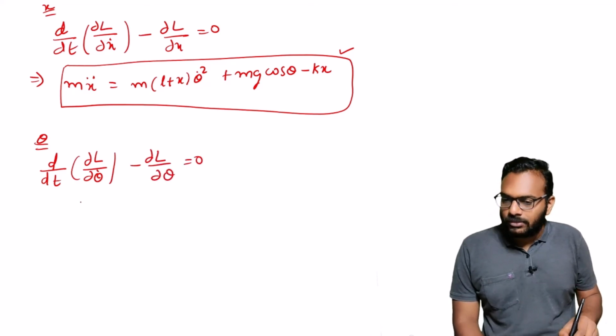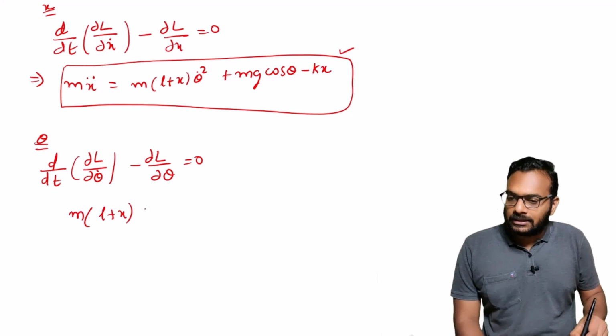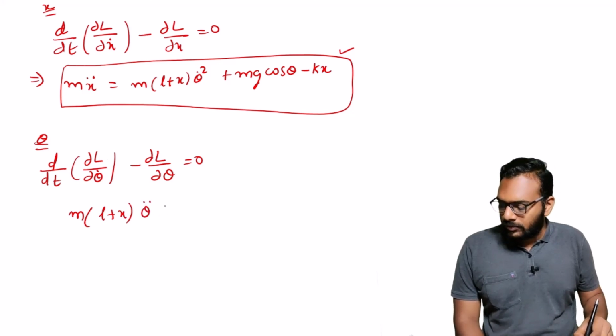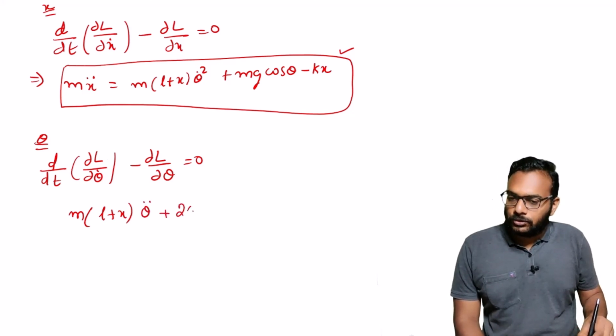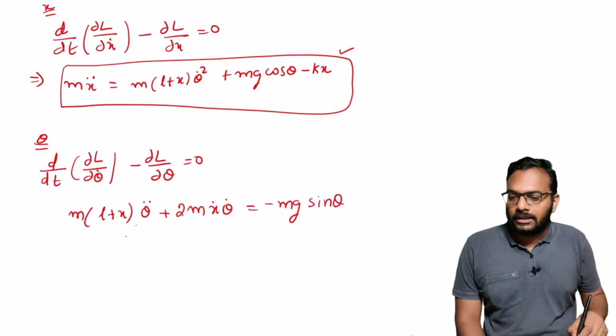You can do this and simplify, and I'll give you the final result: m times L plus x times theta double dot plus 2 m x dot theta dot is equal to minus mg sine theta.